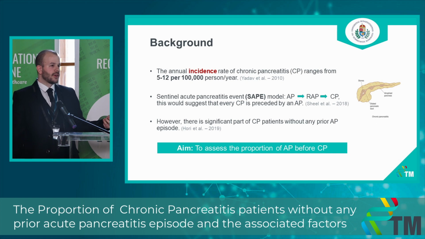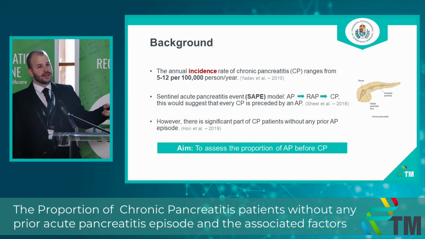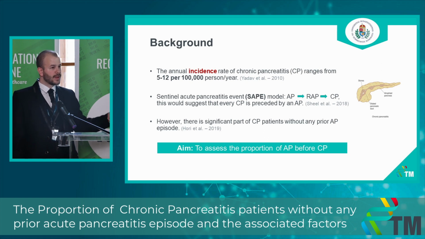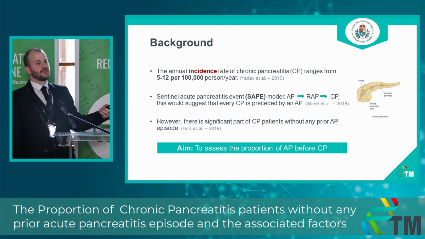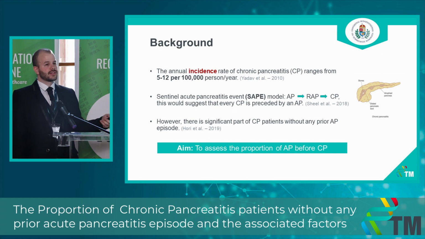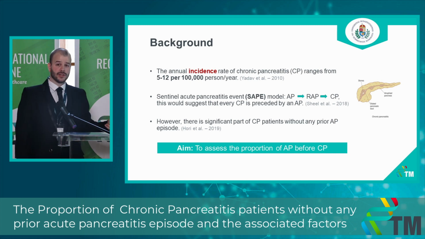Therefore, our aim is to comprehensively assess the proportion of acute pancreatitis episodes that occur before the development of chronic pancreatitis. This will provide a more comprehensive understanding of the relationship between acute pancreatitis and chronic pancreatitis, and help refine the existing models of disease progression.